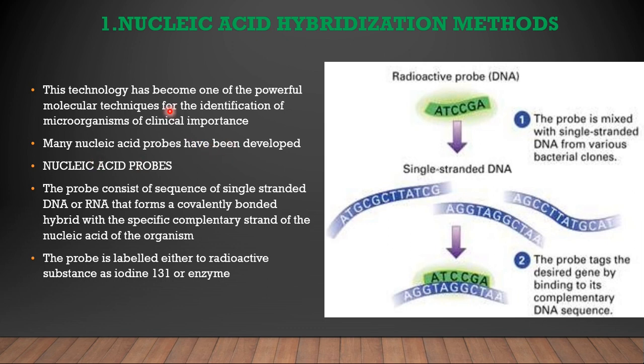This technology has become one of the powerful molecular techniques for the identification of microorganisms of clinical importance. Many nucleic acid probes have been developed, and a number of commercially prepared test kits are being used in the laboratories.